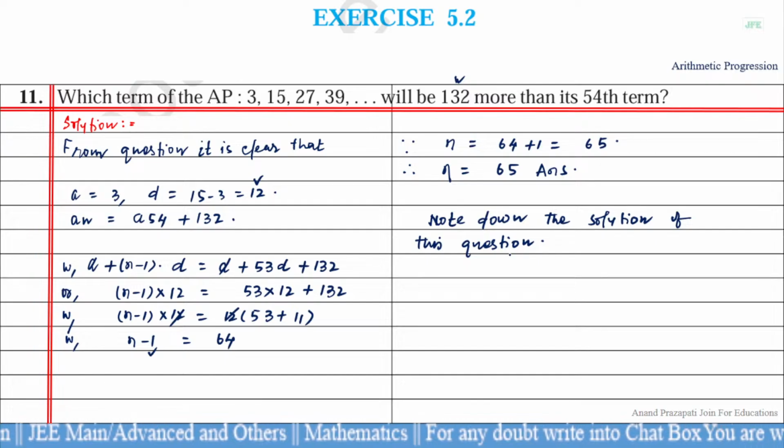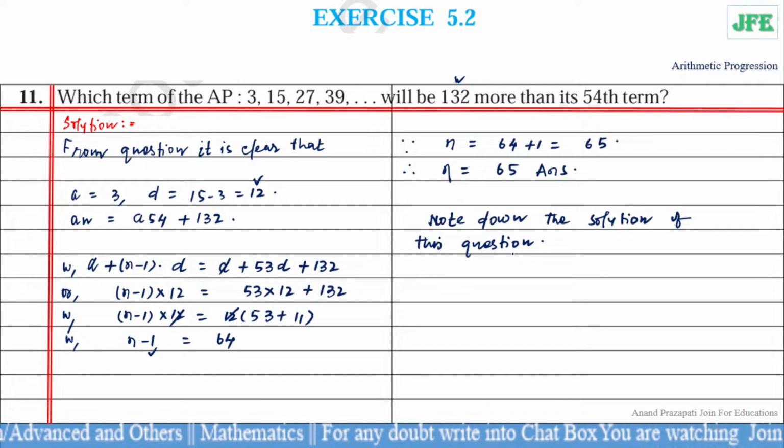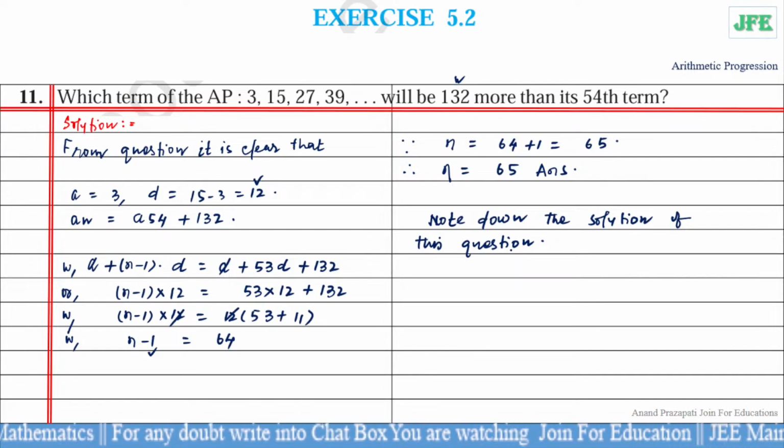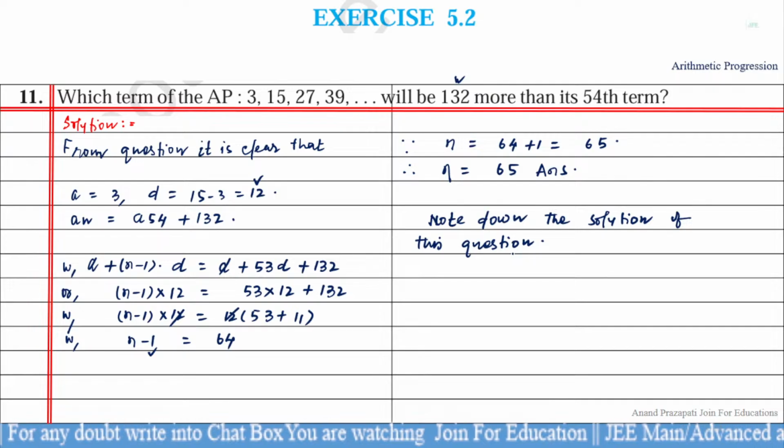Is there any problem understanding the solution as well as the explanation of the solution of this question? If you have any doubt, write into the live chat box, which is open to all of you.